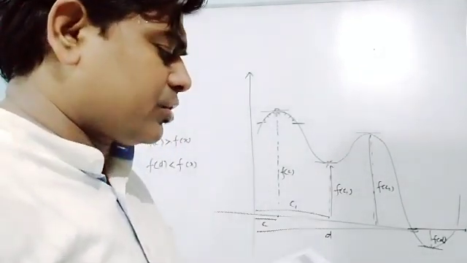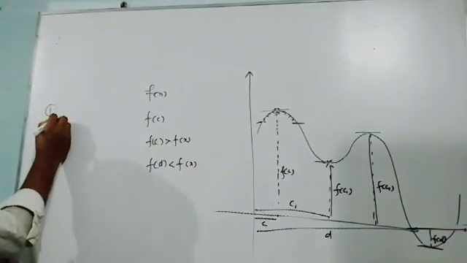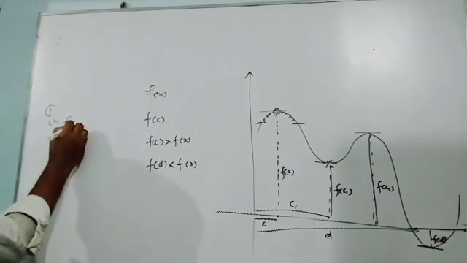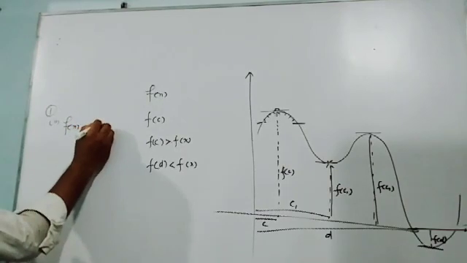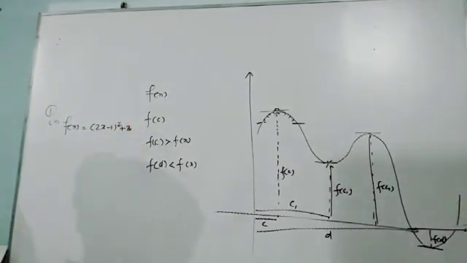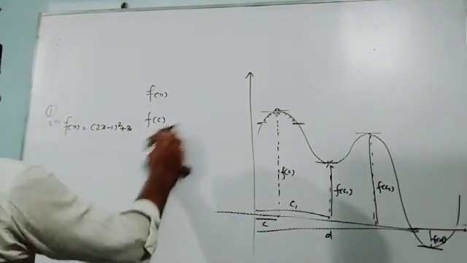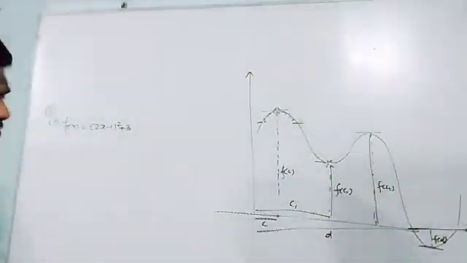Suppose I am talking about question number 1, and in the second part of question number 1 you can see f(x) is equal to (2x minus 1) the whole square plus 3. Okay, f(x) is equal to (2x minus 1) the whole square plus 3.